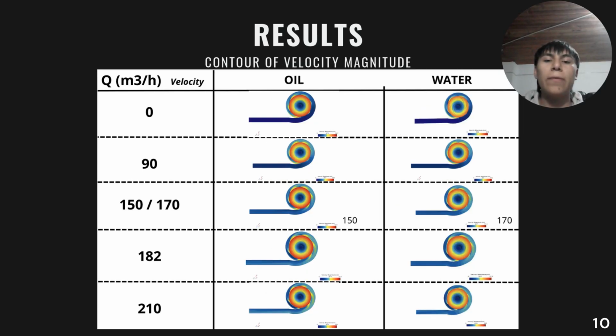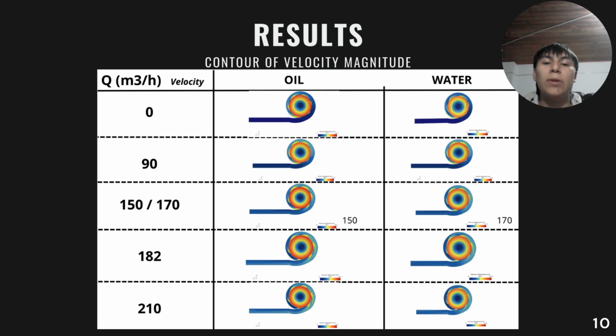Velocity contours reveal further evidence of the viscosity effect. For water, velocity streamlines are well distributed across the impeller and volute, reaching maximum values at the outlet as expected for efficient conversion of energy. For oil, the velocity field is less uniform, with reduced outlet velocities and higher recirculation zones, particularly at the intermediate flow rates, 150 and 170.